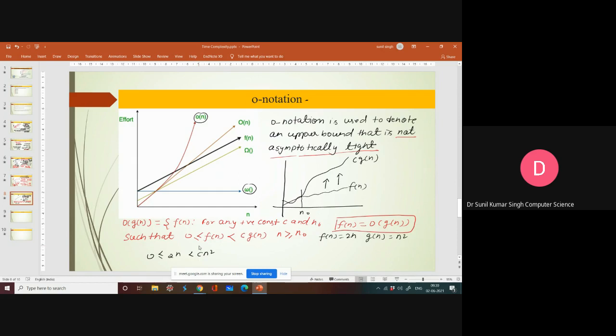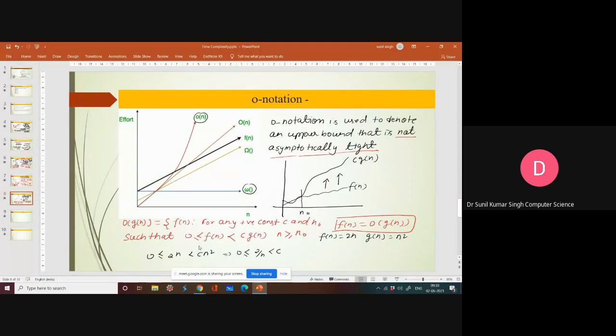So when we divide it, here it will become 2 by n, less than c.